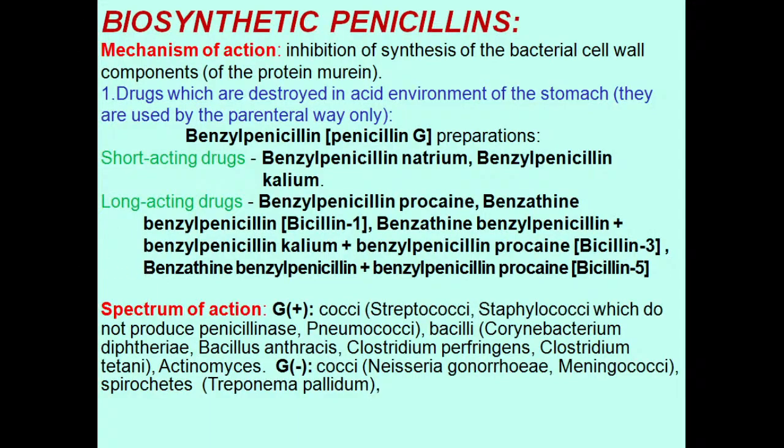The first preparation was benzylpenicillin, kalium, potassium, and natrium, sodium. The international name is benzylpenicillin, but in the USA they often use penicillin G. So benzylpenicillin is the same as penicillin G.